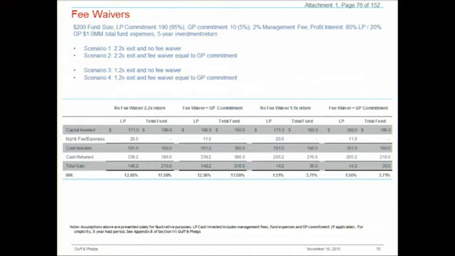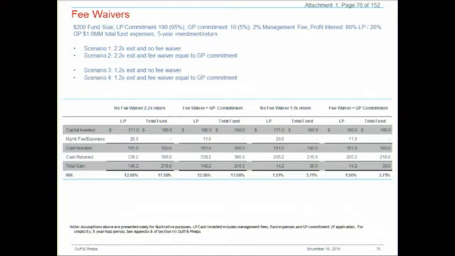The limited partner invests 171, they have 20 of fees, they get 191 back. 191 is their total investment. There's 396 returned, exactly as we had before. So that's the base case, no fee waiver. Once we have a fee waiver equal to the GP commitment, and this is to illustrate in numbers, the cash flows for the LP are exactly the same. The LP still puts in $191.